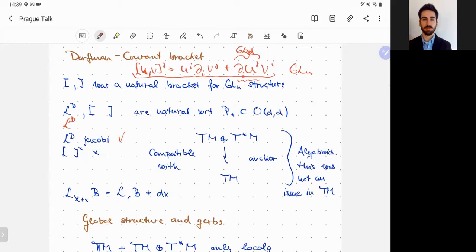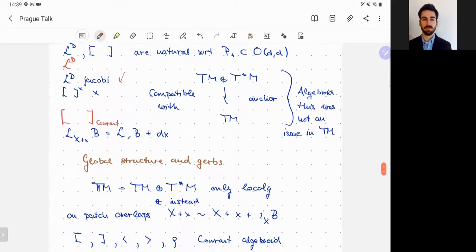But then we produce something anti-symmetric that's called the Courant bracket, and as it happens, it will not satisfy the Jacobi identity. So there's this duality here: either you use Dorfman or Courant, and you have to sacrifice one of the things, Jacobi or antisymmetry.